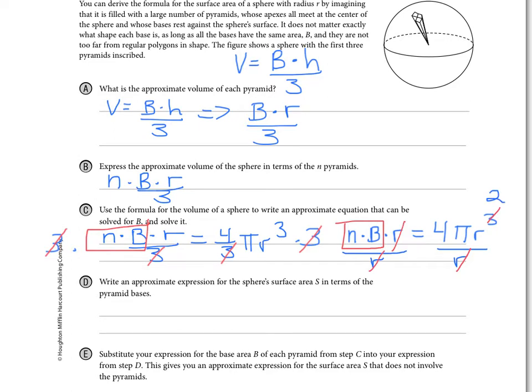And so at this point, I can now say that n pyramid bases, or n times b, is going to be equal to 4 pi r squared. And then, guys, that is your surface area formula for a sphere, 4 pi r squared. So that's pretty simple. Let's go ahead to our first example on the next page.